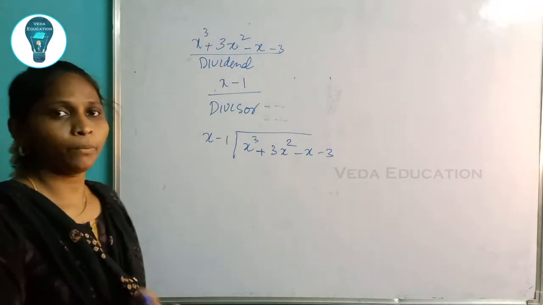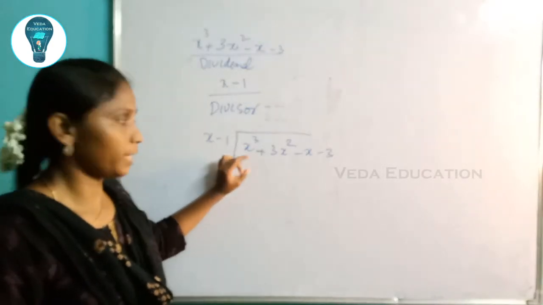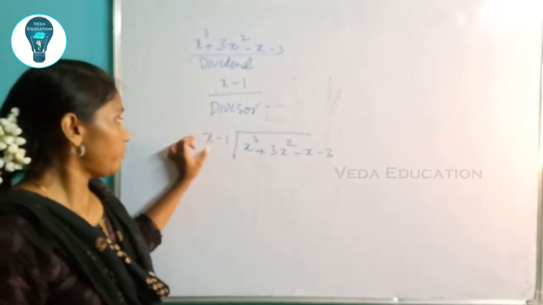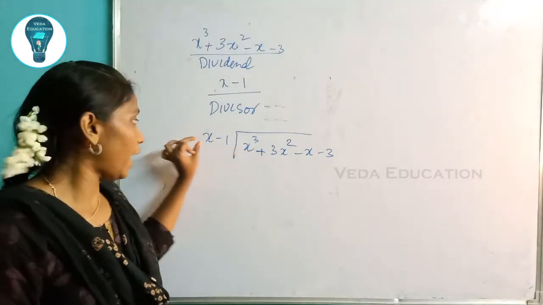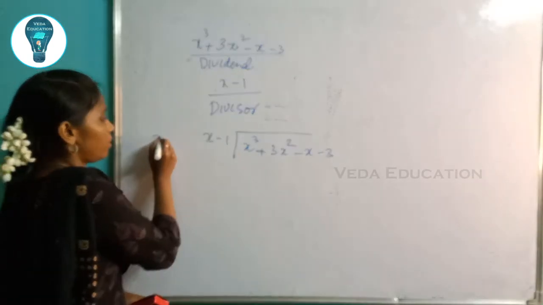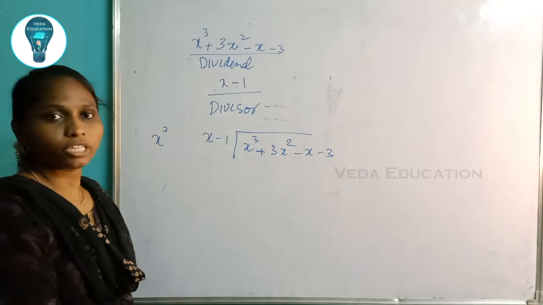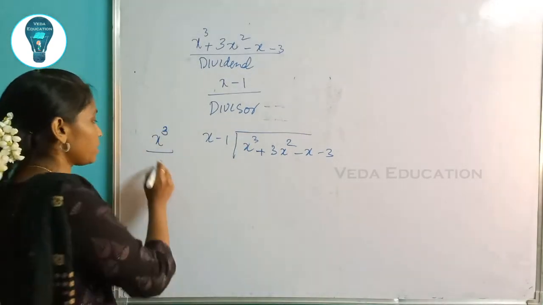Now the simple first step: take the first term of the cubic polynomial, x cube, and divide it by the first term of the divisor, which is x.